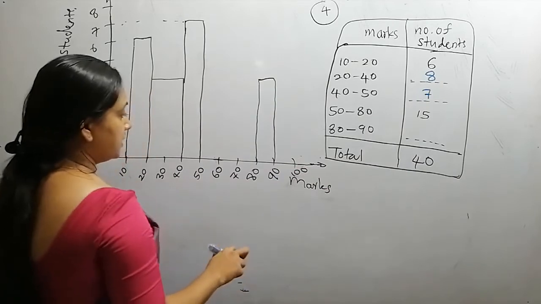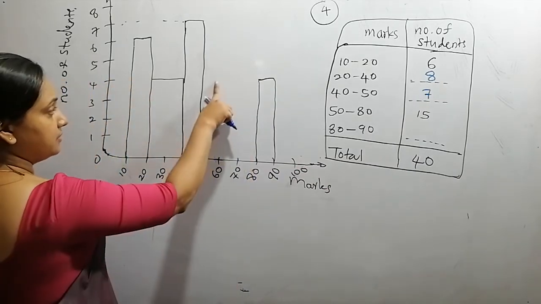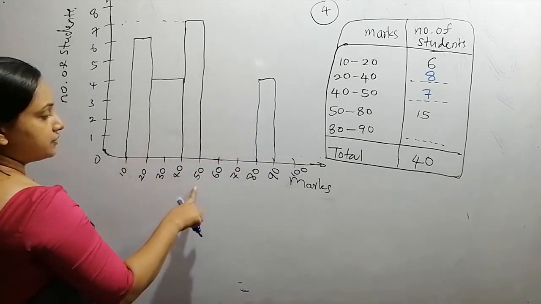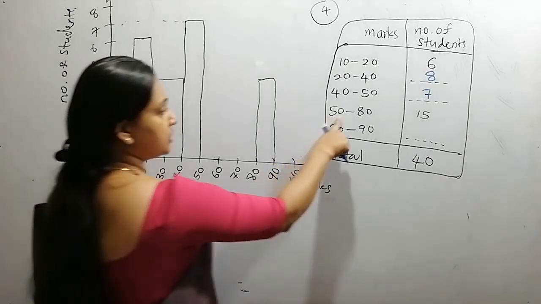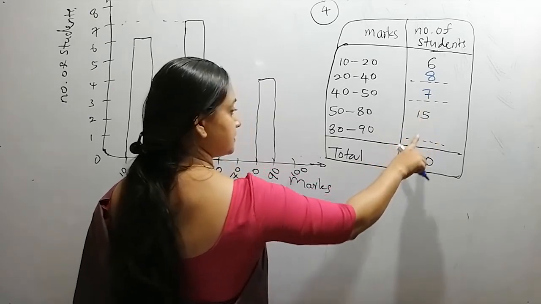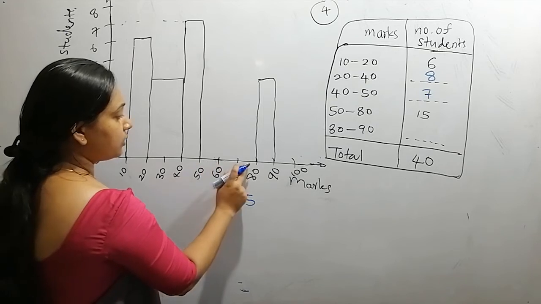Then 50 to 80 in the histogram. This is not completed, and we have to complete it. In this one, the total number of students is 15 and there are 3 groups here.